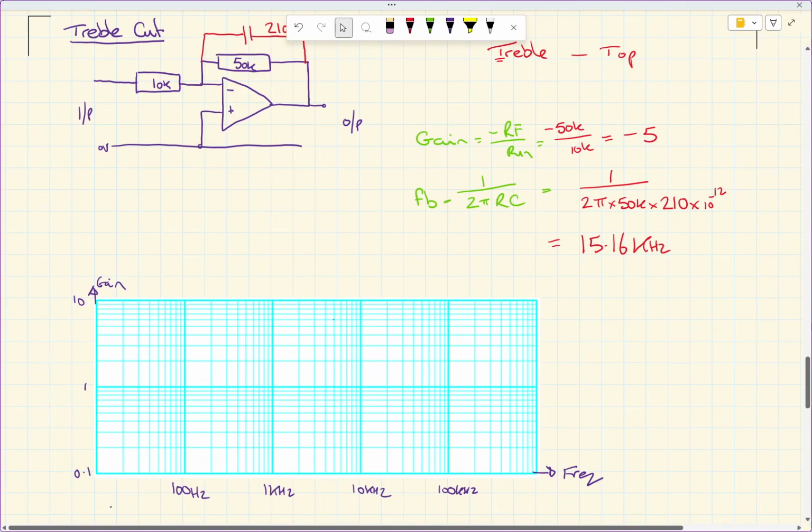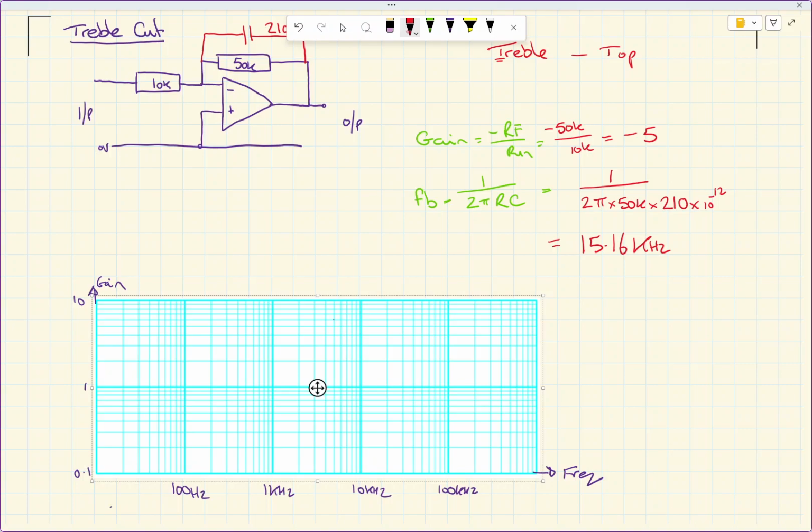So if I've got a graph here like so, and I've got some scaling, remember log, it's always ones. So here I'm going to gain a 5, so 2, 3, 4, 5, so there's my 5 to start with, and 15, so 10, 11, 12, 13, 14, 15, so there's my 15, just there.